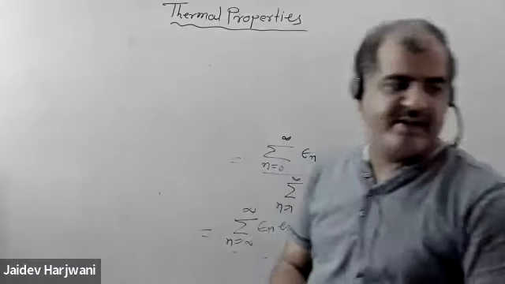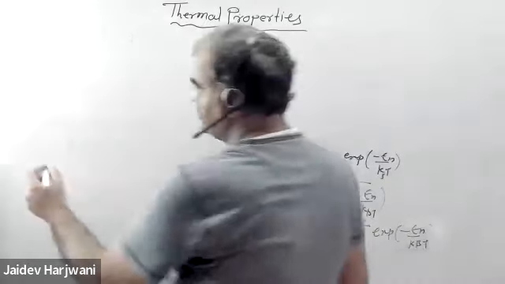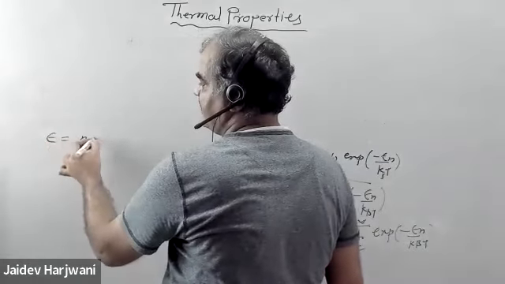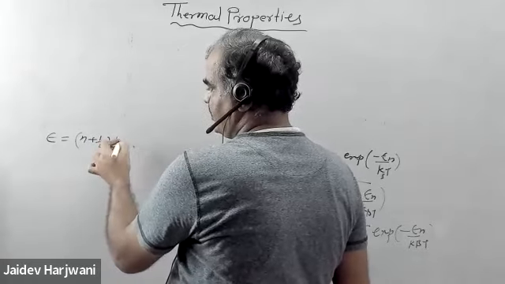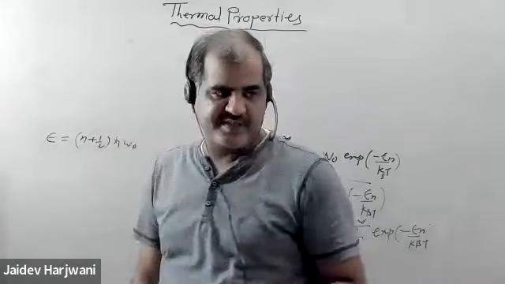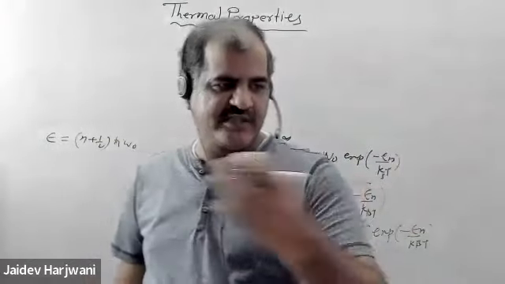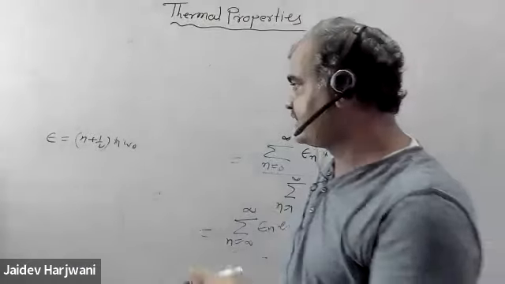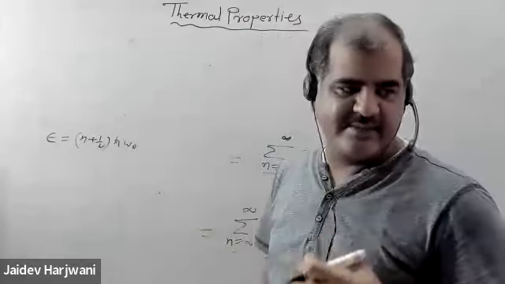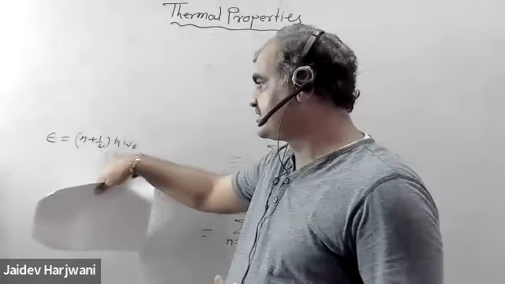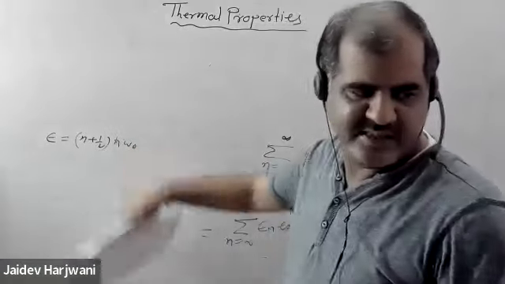The actual expression is n plus half h cut omega naught, and here n starts from 0. But just for simplification of calculations, I didn't consider this half term. The limit will be the same, so you have to put the limit n equal to 0. You can try with this expression also, it will give the same result.